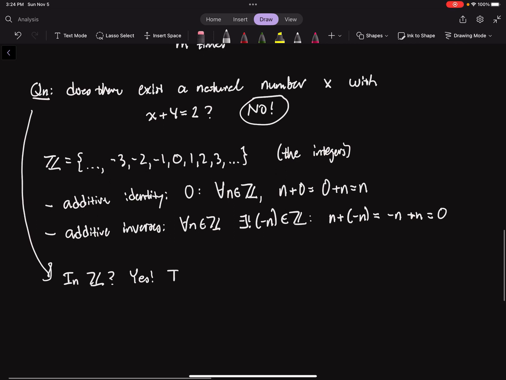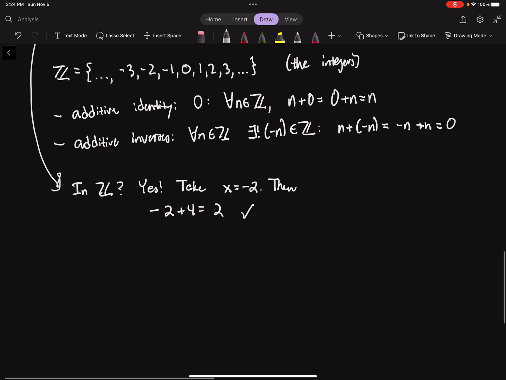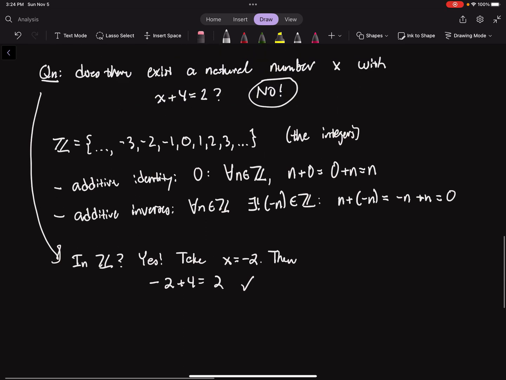But, take x equals minus 2. Then minus 2 plus 4 equals 2. And x equals minus 2 satisfies the above equation. Okay, so we fixed this problem that we had in N. Now, so that's great.